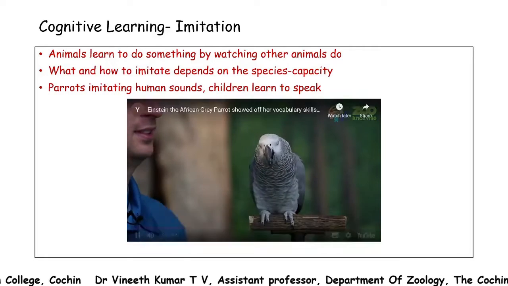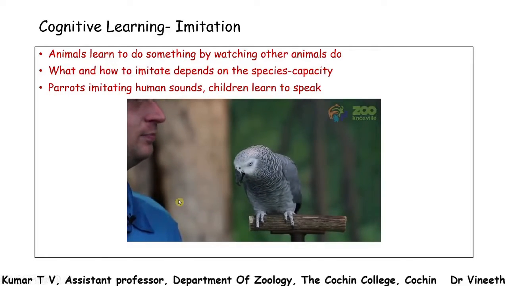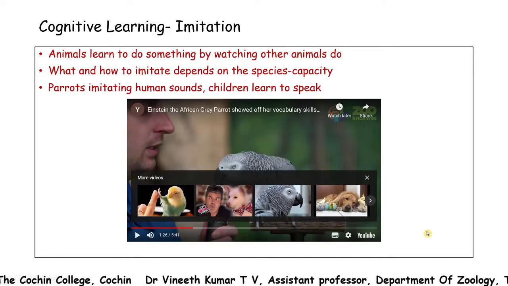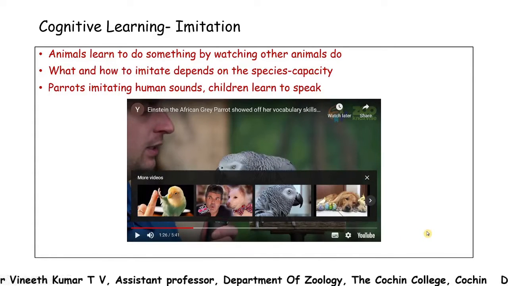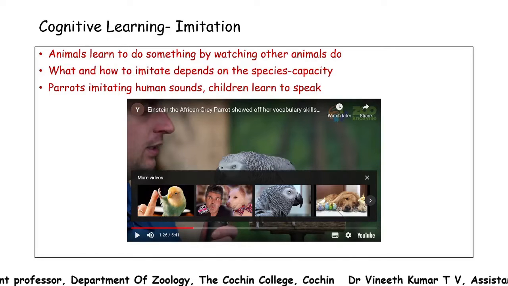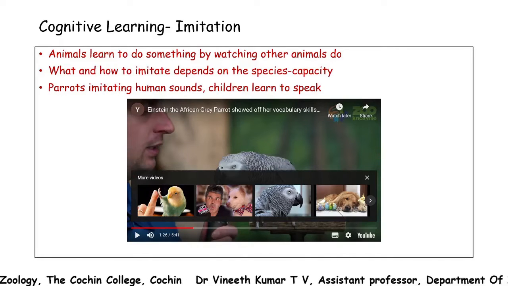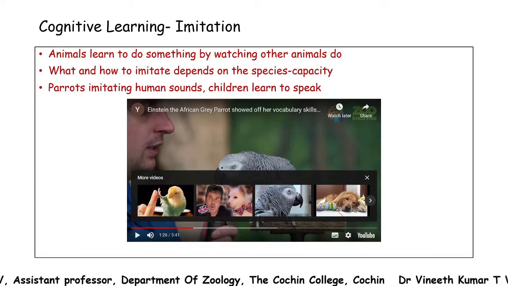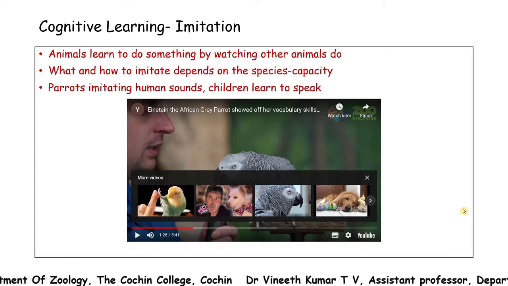So these are examples of what is called imitation. This is how a parrot is imitating. The same thing, the language learned by humans or our young ones, is also an example, because they are imitating how adults speak or how their parents speak, and that is how they learn to speak.